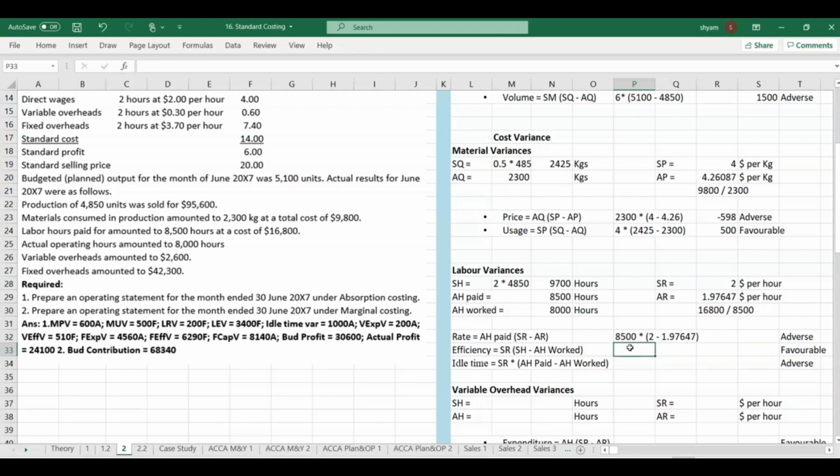So next one is standard rate into standard hours into actual hours worked, that is 8,000. Next one is idle time, standard rate into the difference between hours paid. For 8,500 hours we paid, but employees are working only for 8,000 hours. So all of this we will get the answer.